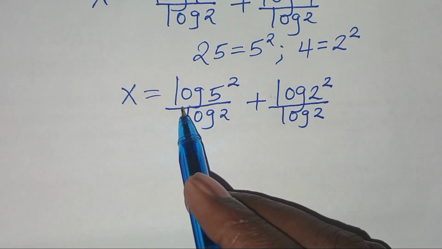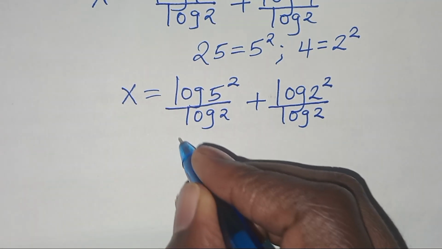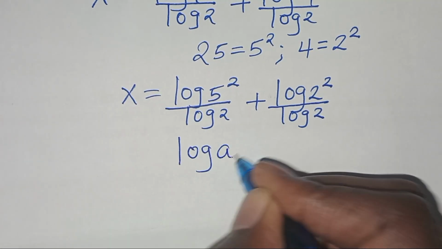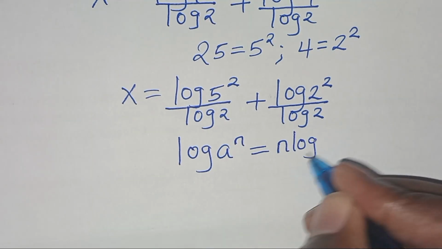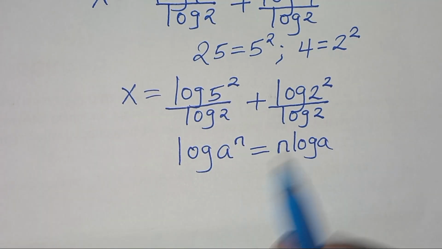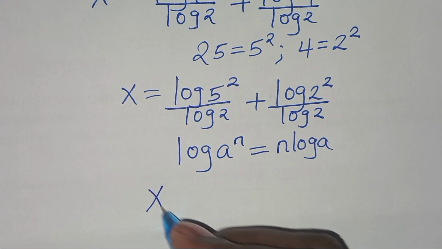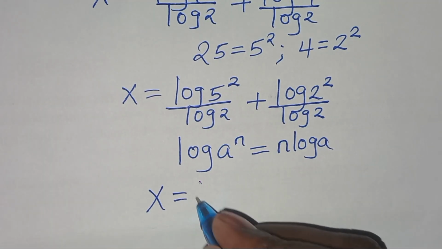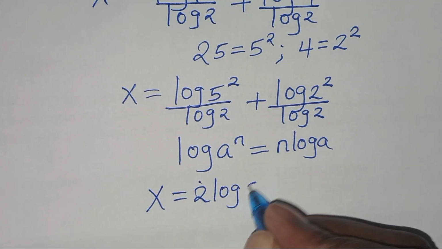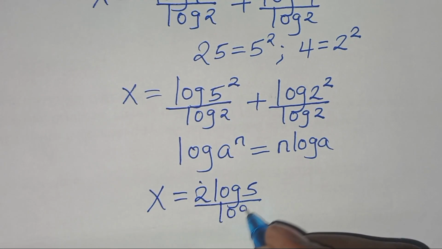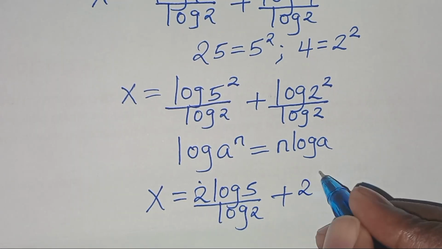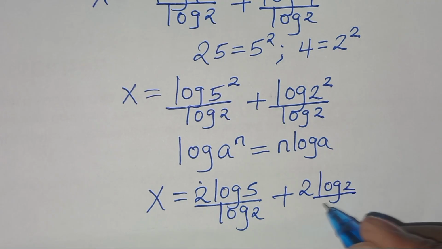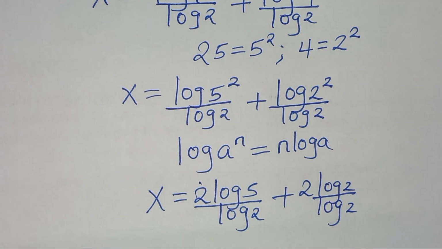Log 5 to the power 2 is in the form of log a to the power n, which we can express as n log a. Applying this power rule property, x is equal to 2 log 5 divided by log 2, plus 2 log 2 divided by log 2.